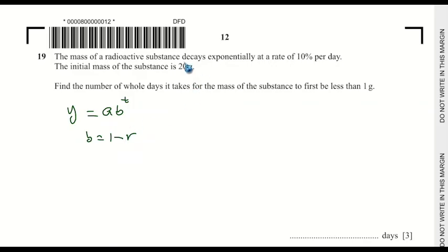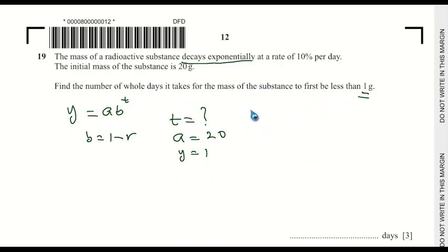But here we have exponential decay, so it will be 1 minus r, and t is unknown. Here a equals 20 grams, that is the initial, and y equals 1. We want to look at the period when it will be the first time it is going to be less than 1 gram. That is what we want to get, right?